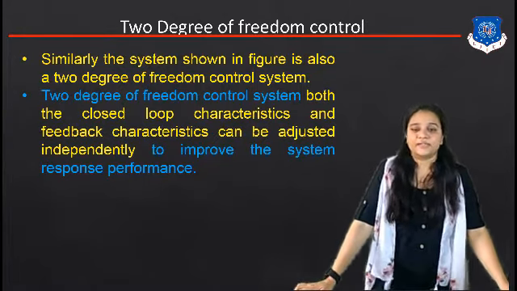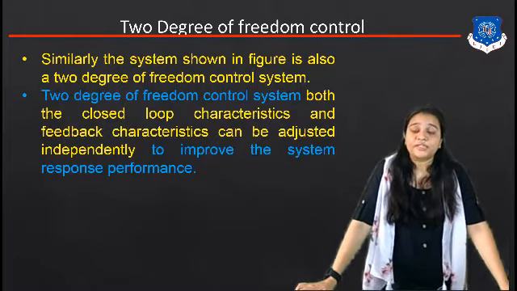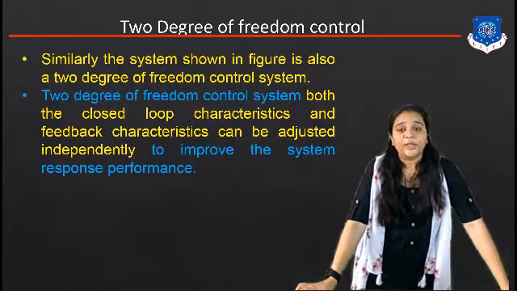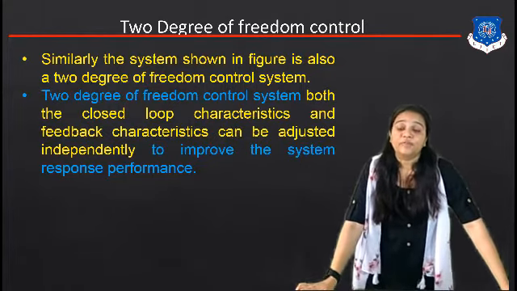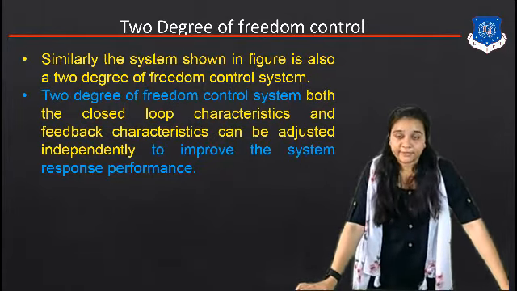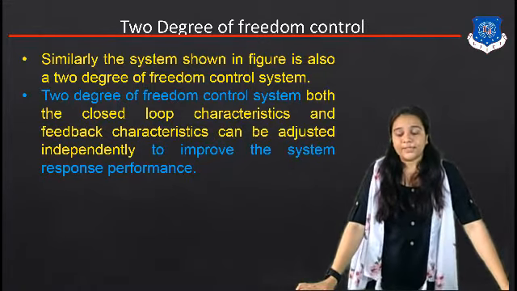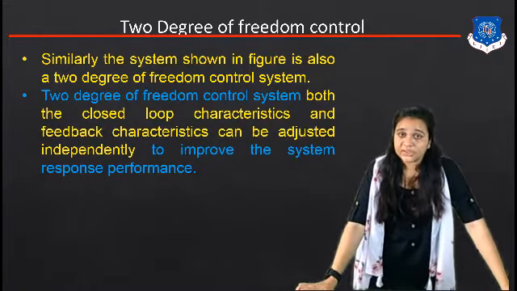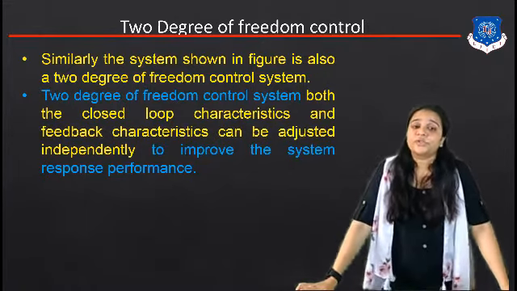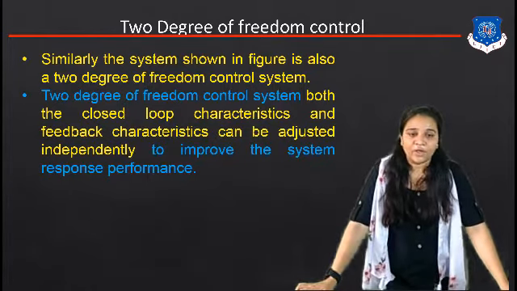If my system is unstable for this particular disturbance input or the noise input, we can easily remove or reduce the noise input for this particular system, or also we can reduce the disturbance for this particular plant.